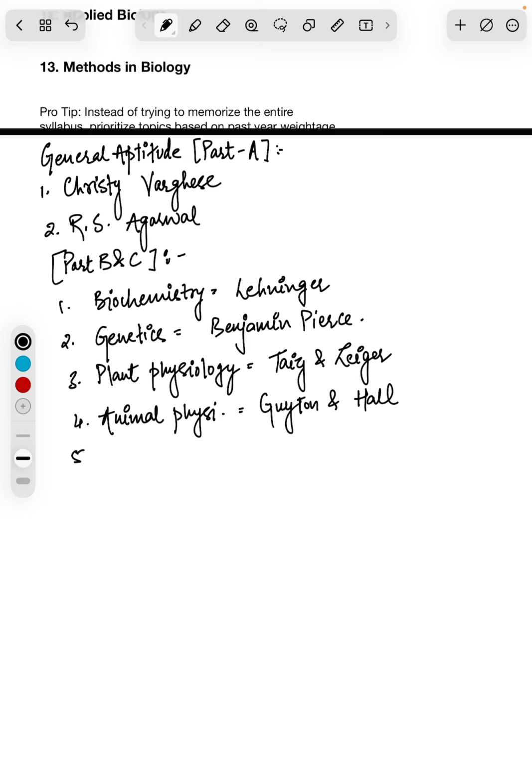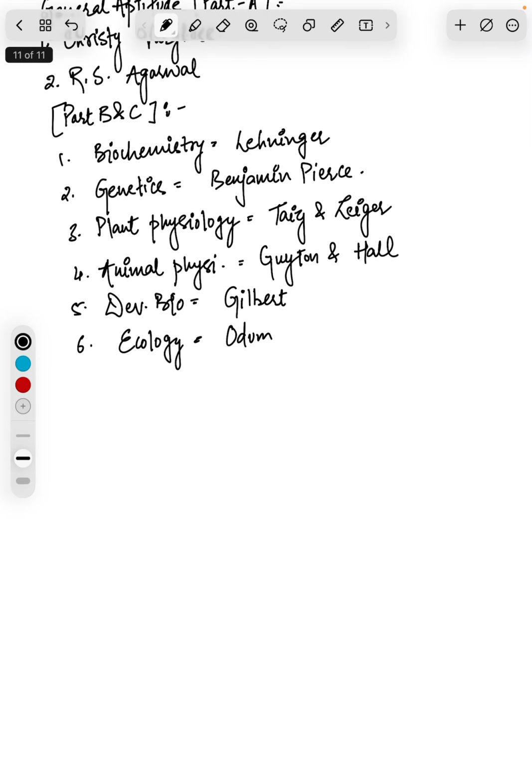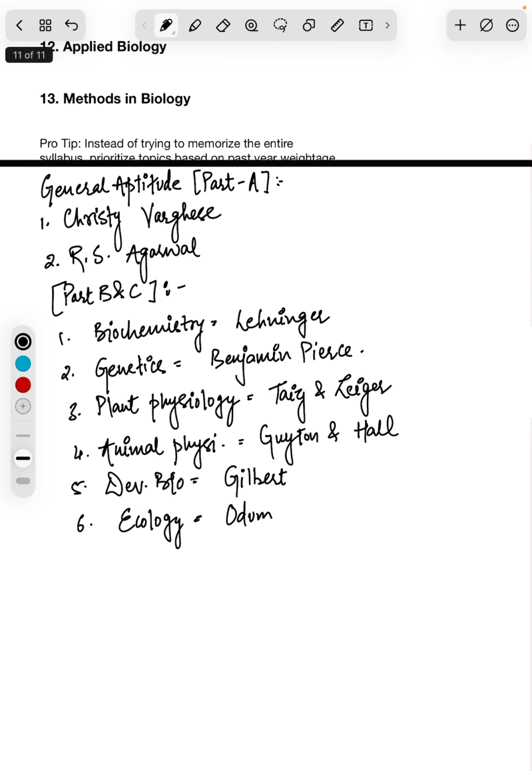For developmental biology, you can go with Gilbert's. For ecology, you can go with Odum. So these are the main books you can go through.